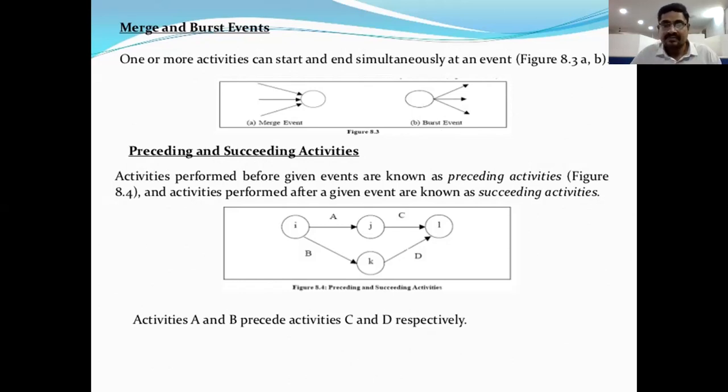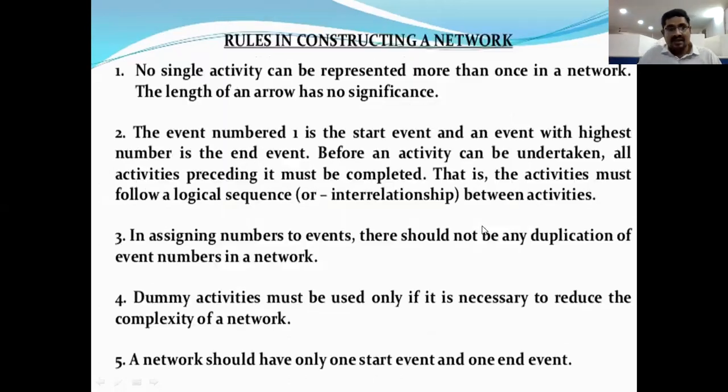Next comes preceding and succeeding activities. Suppose we take the example of J. J's preceding activity is I, and its next activity is L. After completion of I, then L will appear. This L activity is called the succeeding activity, right?